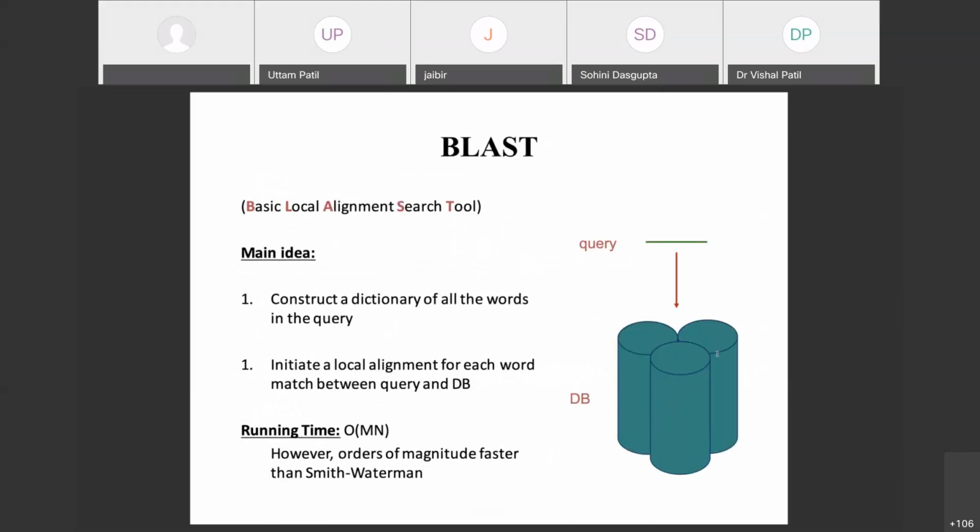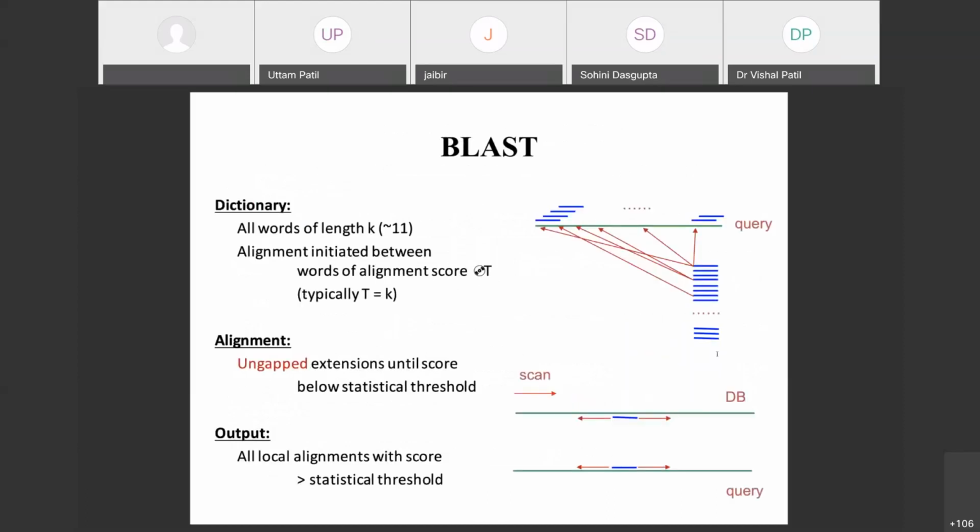Now, coming to the algorithm part, I'll quickly show you this. Basically, BLAST starts with a word of length k, and then alignment is initiated between words of alignment score t. Typically, t would be equal to k.